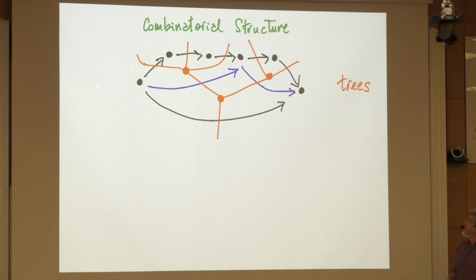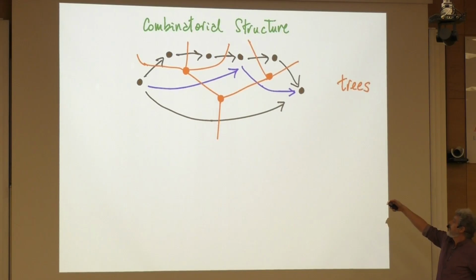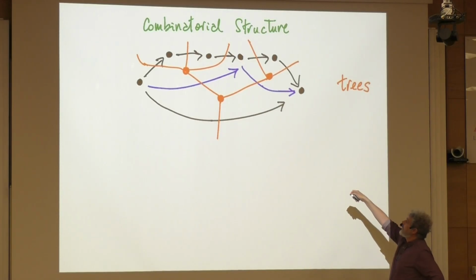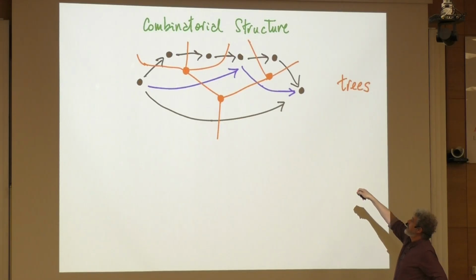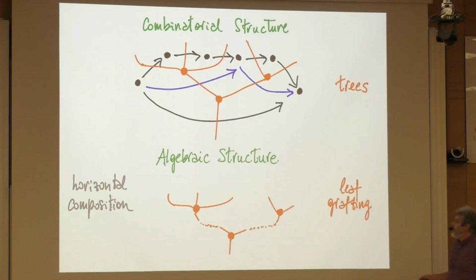The way in which you see this done many times in higher dimensional category theory is by combinatorially reducing to trees. So the 3 2-cells that I have up here are now encoded as a tree with corollas corresponding to each 2-cell, in this case 3 to 1, in this case 2 to 1, and in this case 2 to 1. The operation of putting these things together is an algebraic structure, typically called leaf grafting.